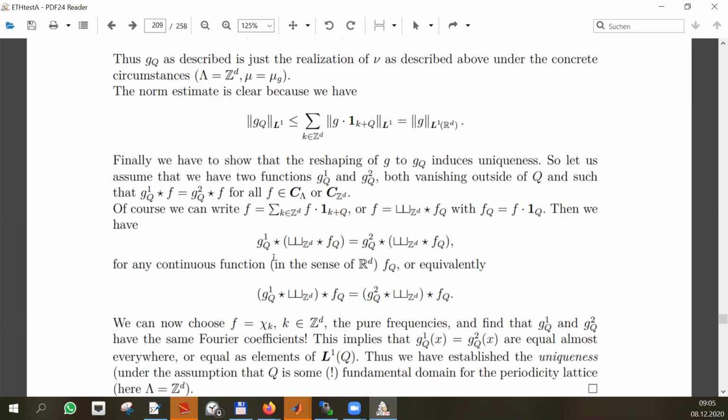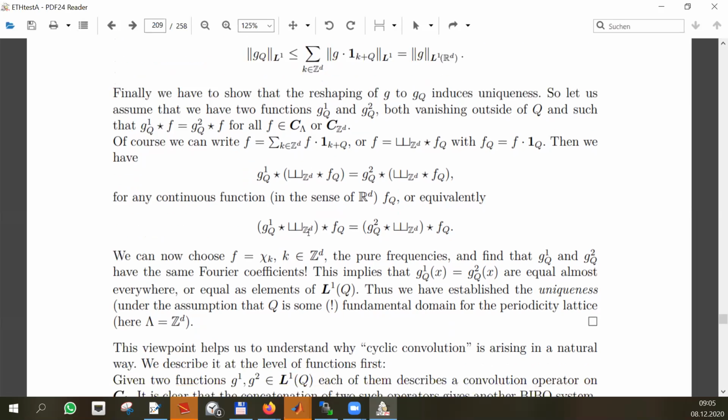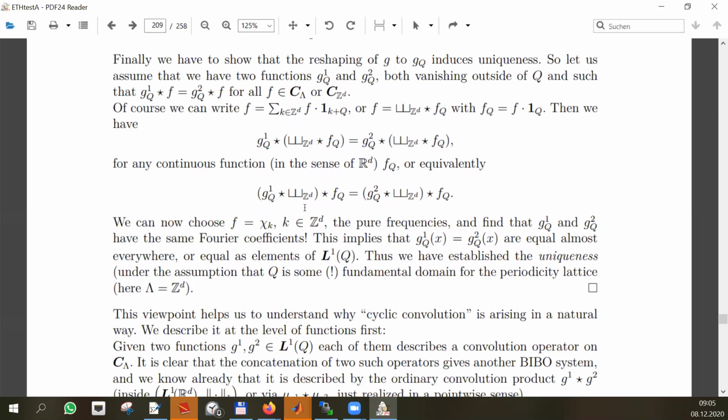Then you find that G1 convolved with this must be the same as G2_Q with this. But here we can use the associativity of the convolution for our Dirac combs. It means that G1 convolved with the f_Q is the same as G2 with the f_Q.